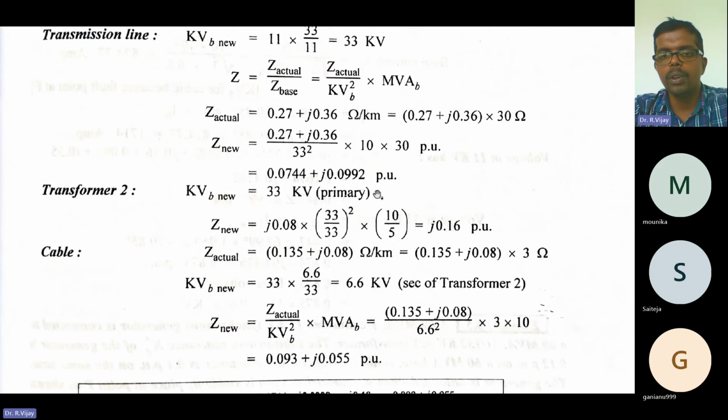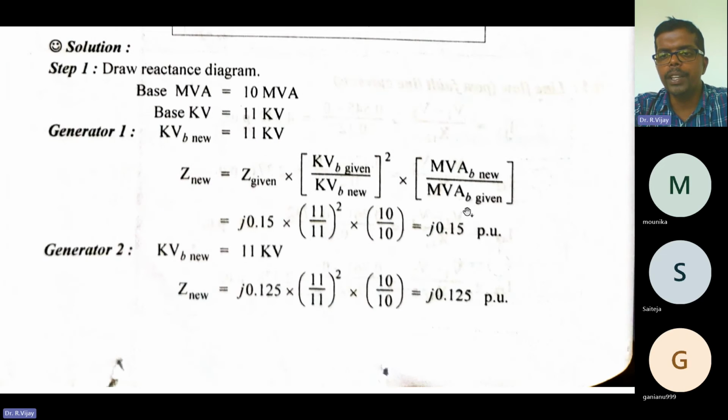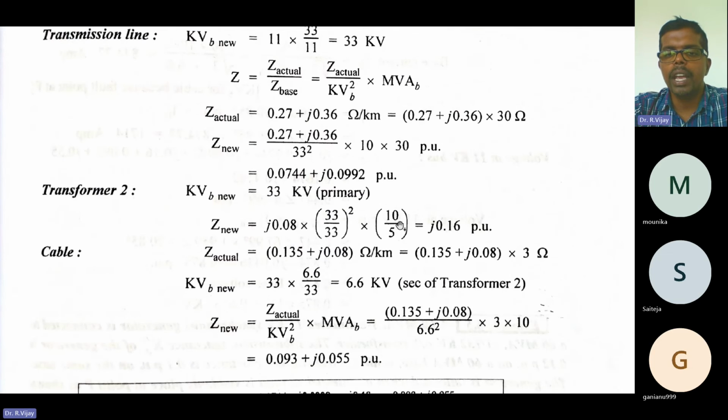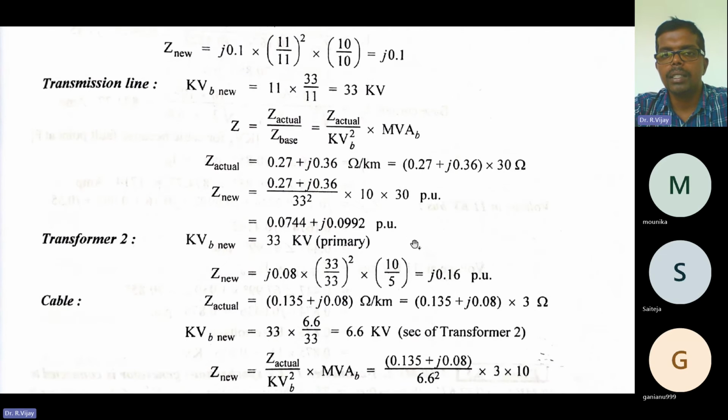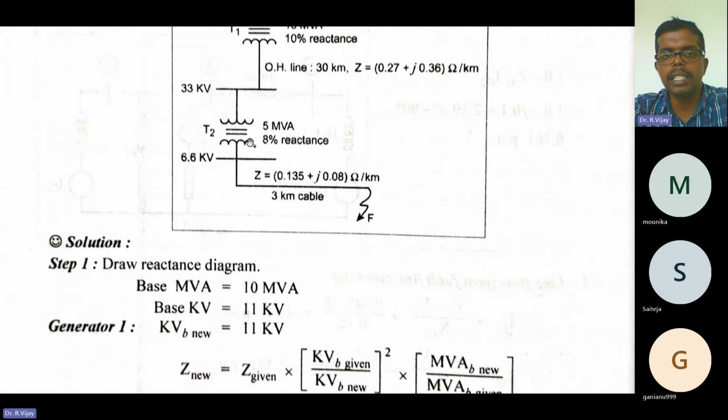So here you need to substitute into this formula. KVB new and KVB old are the same, 33 kilovolt, so it is (33 by 33) the whole square, into MVA new divided by MVA old. MVA new is 10, divided by 5, because the transformer itself is given as 5 MVA.